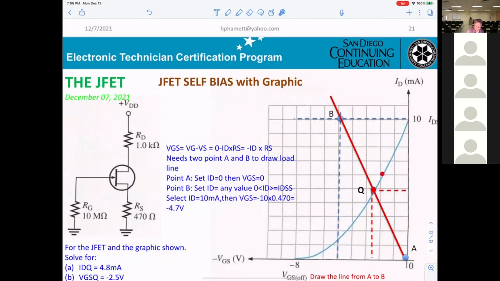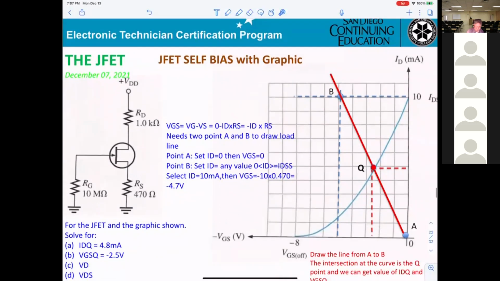They give you this curve right here, and you have to know how to get the Q point. That means the Q point on the curve tells you ID and VGS. So you can try to read it.